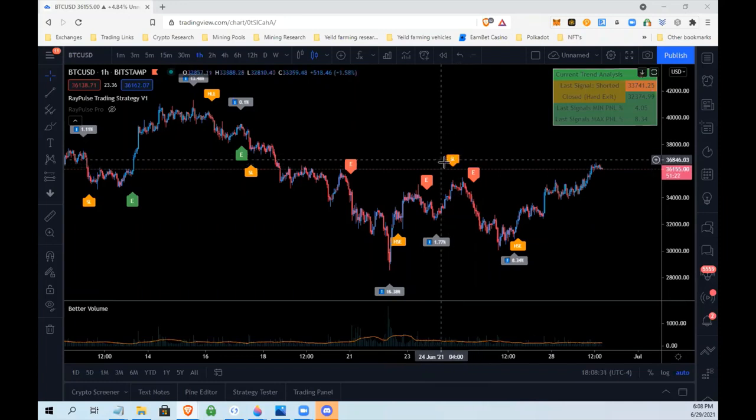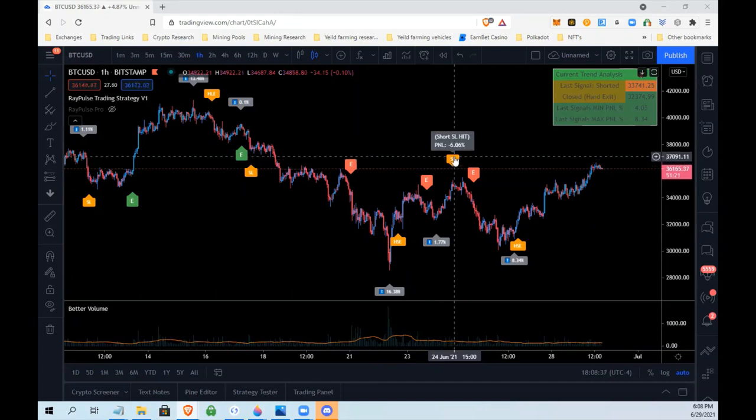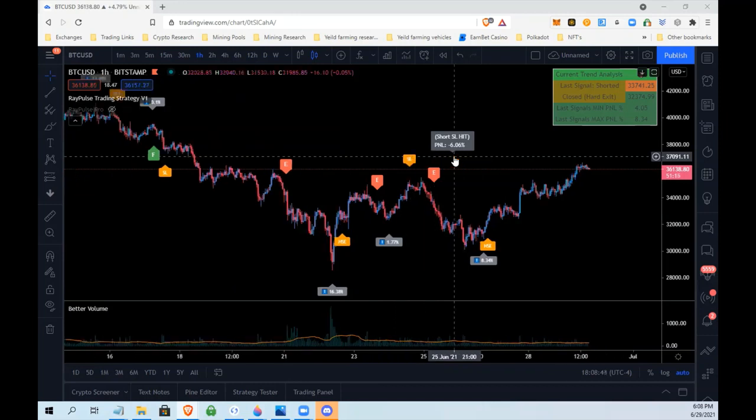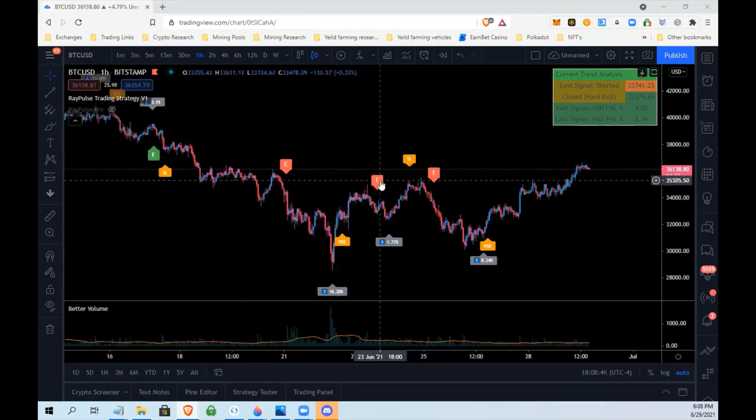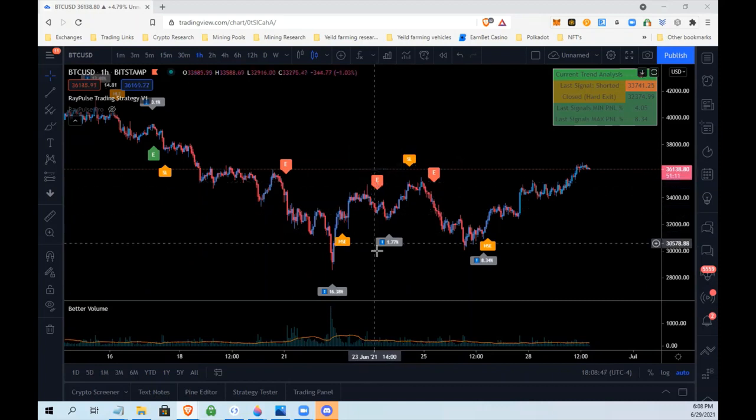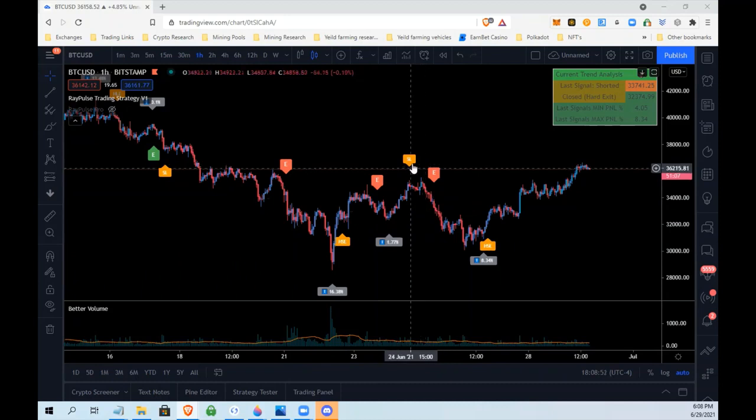These SL labels, of course, mean stop loss, that a stop loss was triggered within the indicator. And of course, on this one, the stop loss was negative 6.06. This goes back to taking profit early and often. On this same signal, it was in profit 1.77%, but later went to stop loss.